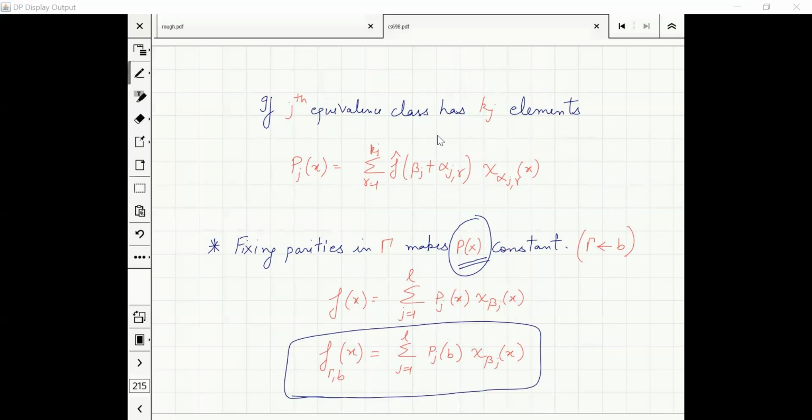It is now just represented in terms of representatives of all the equivalence classes. Notice pj of x has become pj of beta because pj of x is just a function of the parities in gamma. Okay, this is how restriction works.